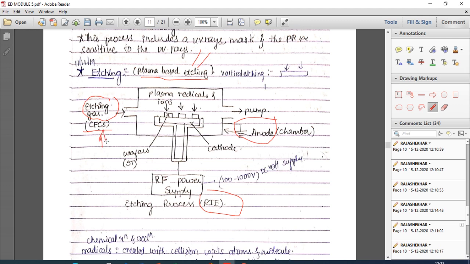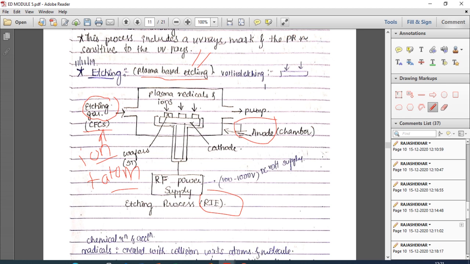This chlorofluorocarbon gas has two kinds of particles: ions which are rich in electrons, and atoms which are present in the etching gas. Inside this anode tube or chamber, we have plasma radicals and ions. Plasma radicals play a very important role in etching. I will explain the role of that plasma.